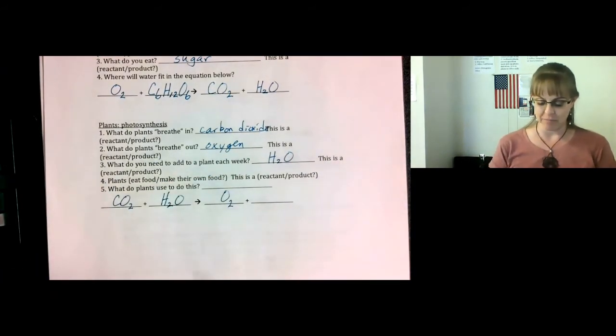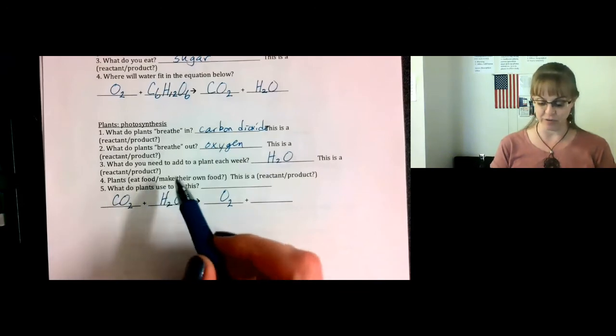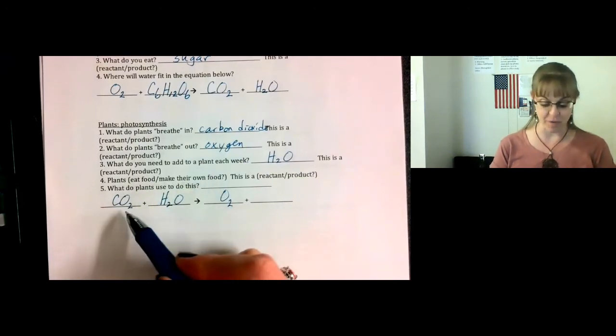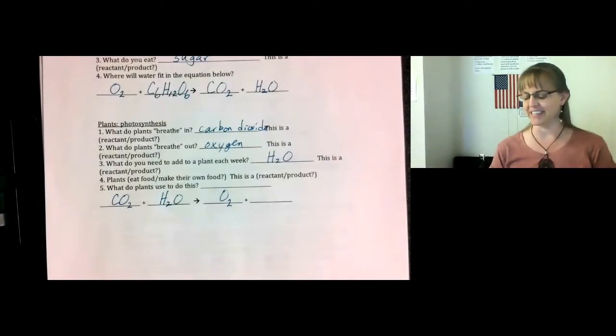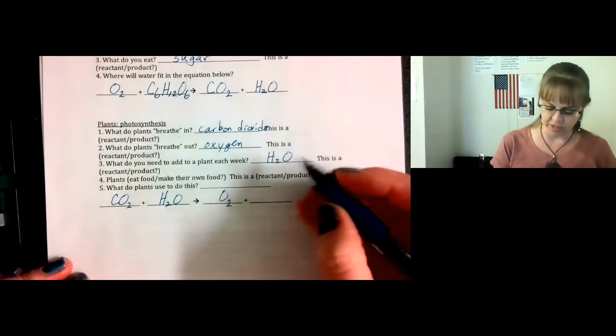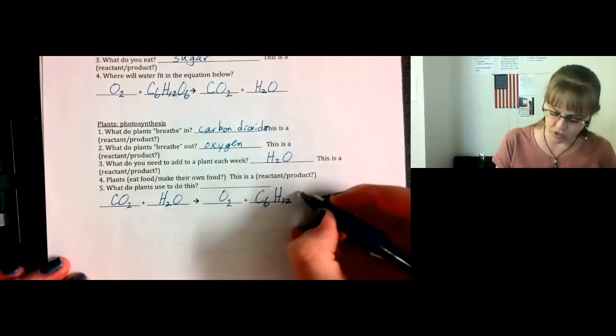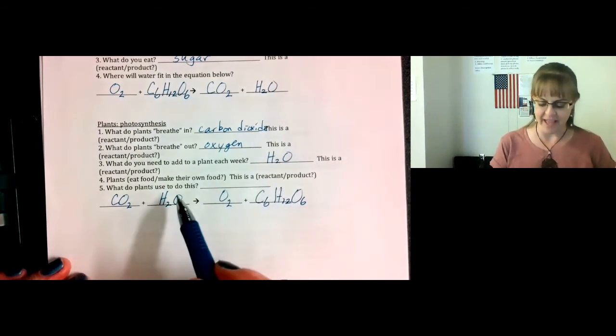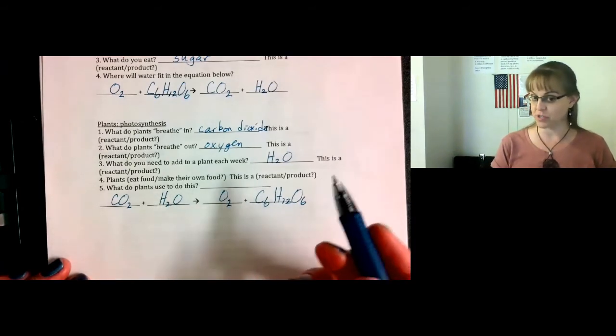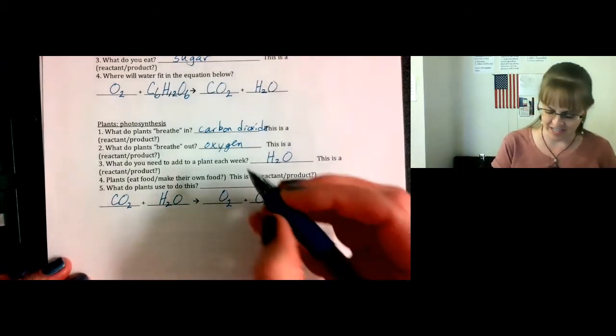Now, plants do not eat food, they make food from carbon dioxide, water, and sunlight. They're producing it, it's a product. So the sugar is on the product side, C6H12O6. And what do plants use to make their food? Sunshine, sunlight.